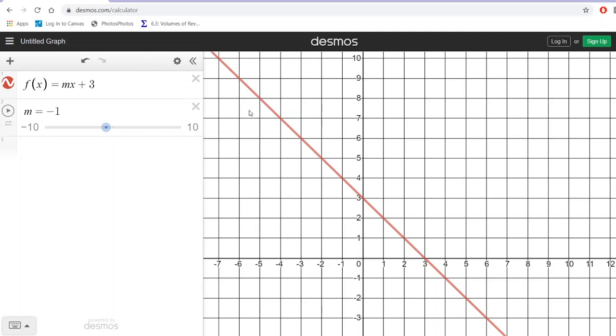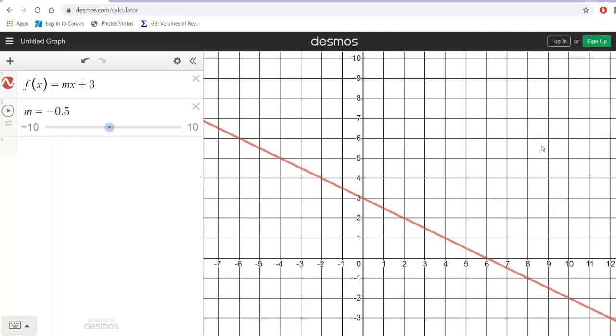So -1, we can see it's decreasing, but it still has that 45-degree angle shape. And then the more negative I bring it, the steeper it's going to get. So it's getting steeper and steeper, but now it's decreasing. And if I bring it closer to 0, like -0.5, for example, then that's going to look less steep than -1.